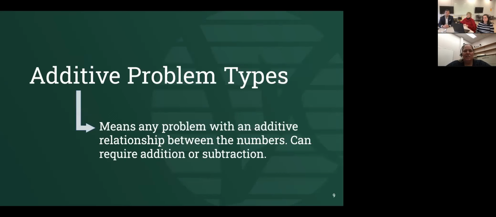It can require addition, or in some cases you can use subtraction to find the relationship between the numbers, but they're all called additive problem types, even if they require subtraction.